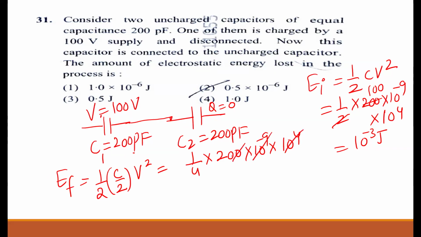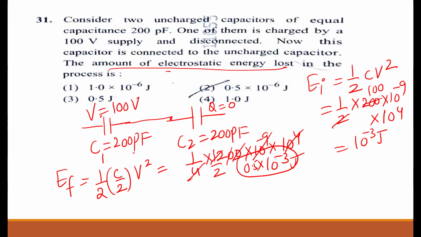This comes out to be 10 power minus 3, just as we did, and this is half, so that is 0.5 into 10 power minus 3 joules. So what is the loss? They are asking about the amount of electrostatic energy lost, that is 1 minus 0.5 into 10 power minus 3. So that is 0.5 into 10 power minus 3 joules.